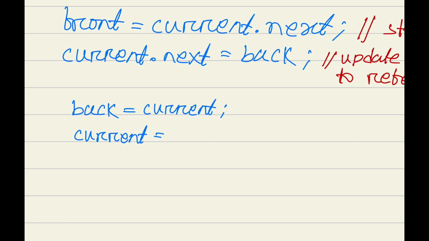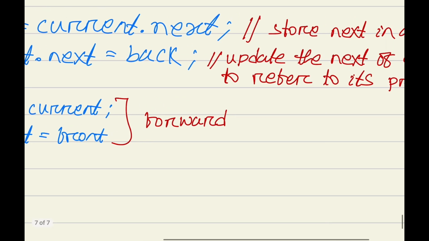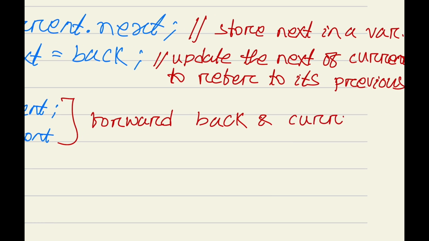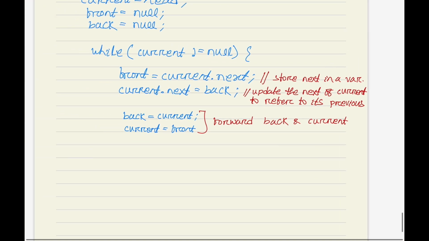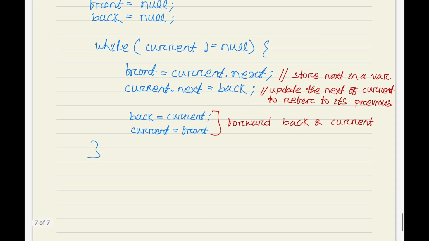So we will move forward. Current = front we can write. These statements we are writing to move forward back and current. Okay, now after this the loop is going to terminate.